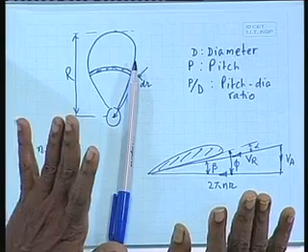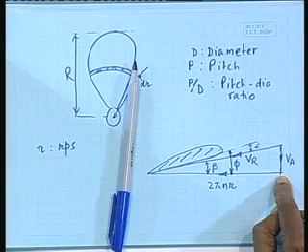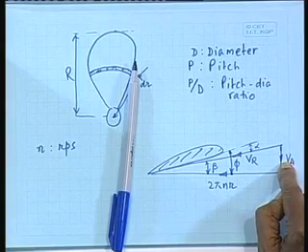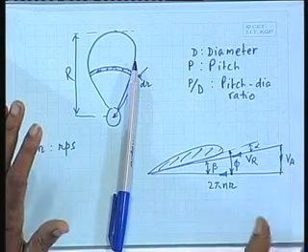Have you understood? Along with it, either the propeller is moving or the water is flowing past. That is an axial velocity which is just perpendicular to the tangential velocity. That is what is shown here. You understood? 2 pi n r and V A. Have you understood everybody clearly?